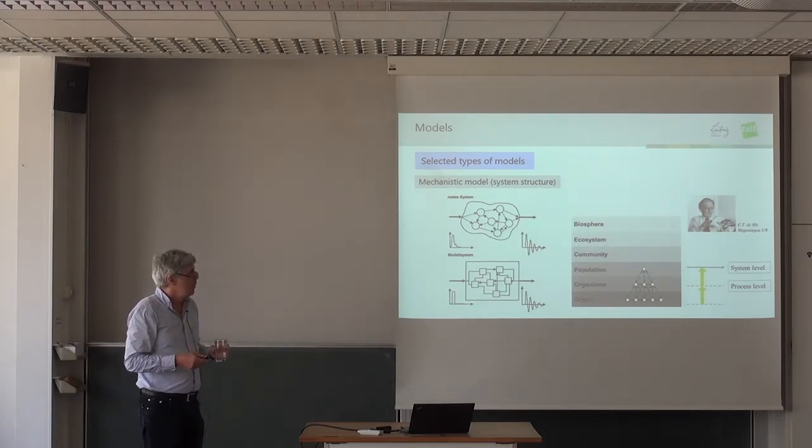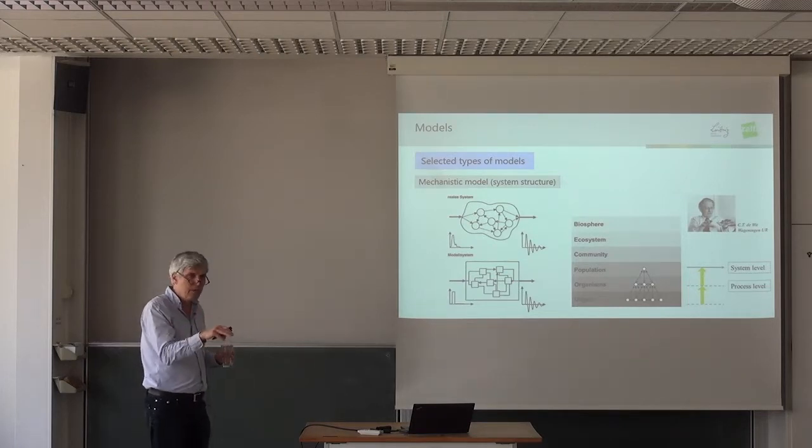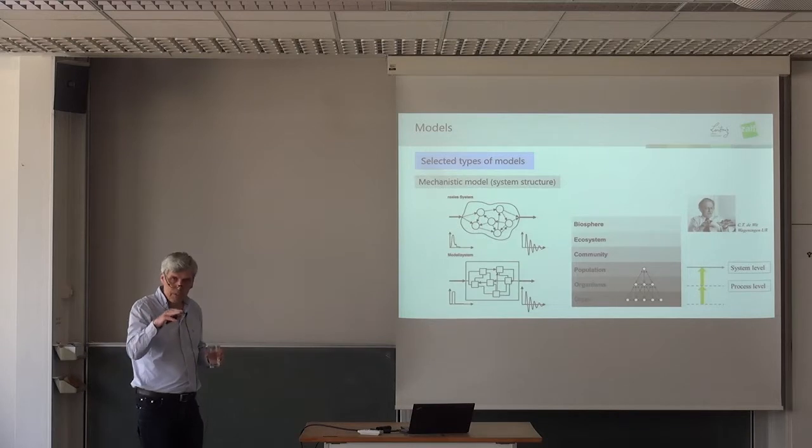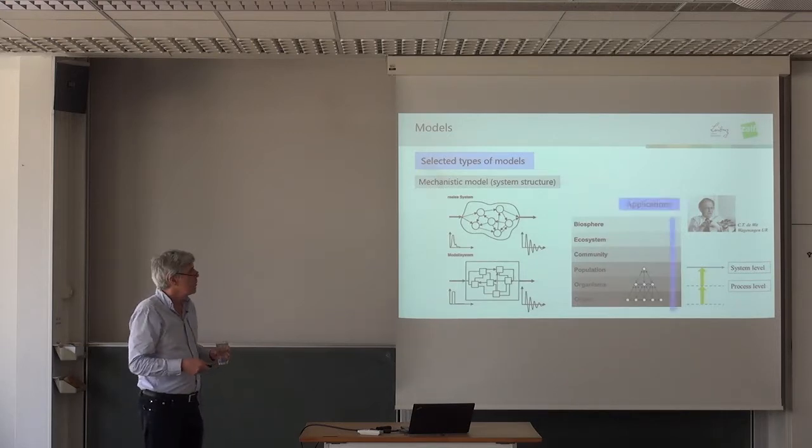Perhaps one important aspect or point to make here is to introduce what we call the system level and the process level. System level is typically what happens at the level of a crop. We're not talking about plants, we talk about field crops. There's a big difference. And the process level is the level at which different processes that we find important are considered and being included in the models.